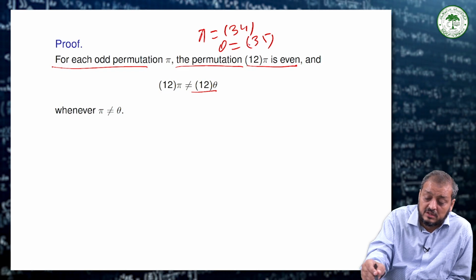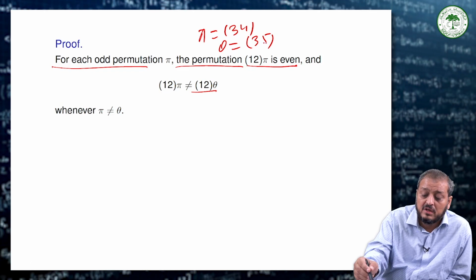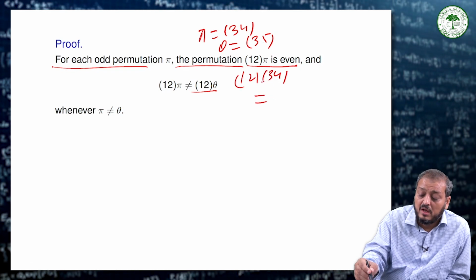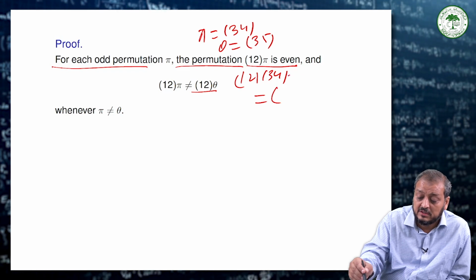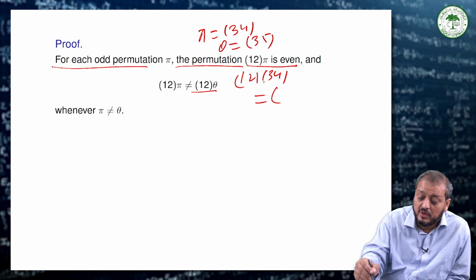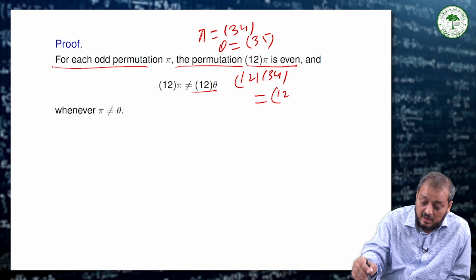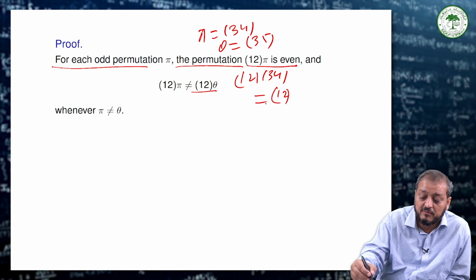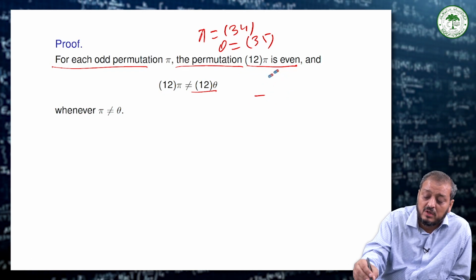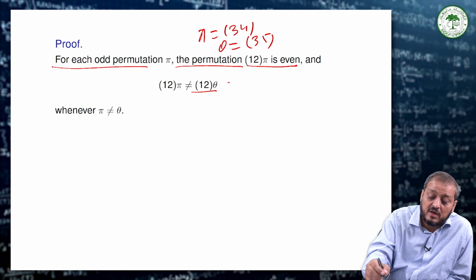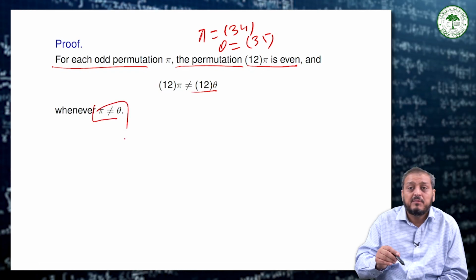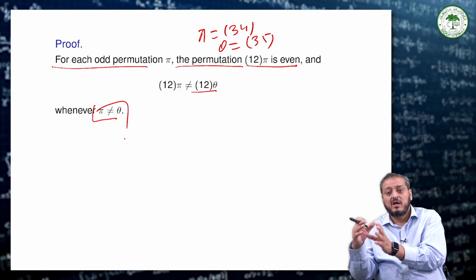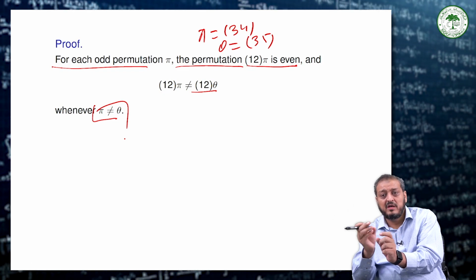So if theta and pi are different, then (1 2)(3 4) and (1 2)(3 5) are different, which we can see by writing where each element goes: 1 goes to 2, 2 goes to 1, 3 goes to 3, and so on. Because these are disjoint and not the same whenever theta and pi are different, clearly for each odd permutation pi, the permutation (1 2) pi is even.